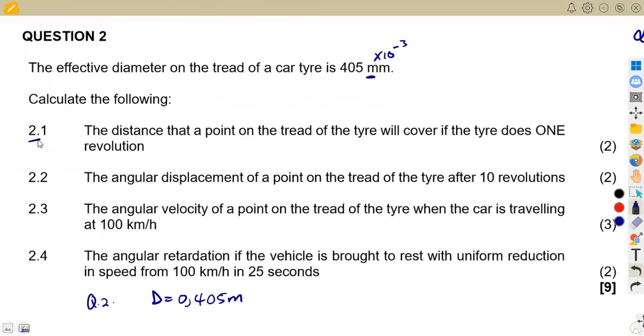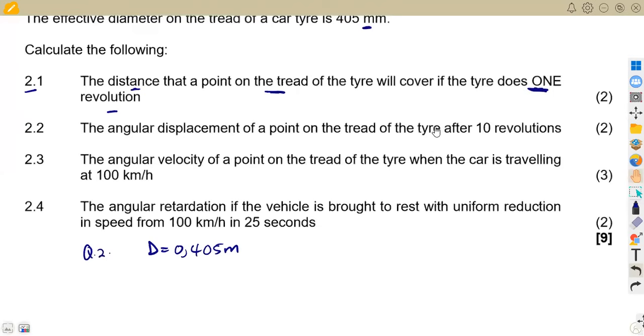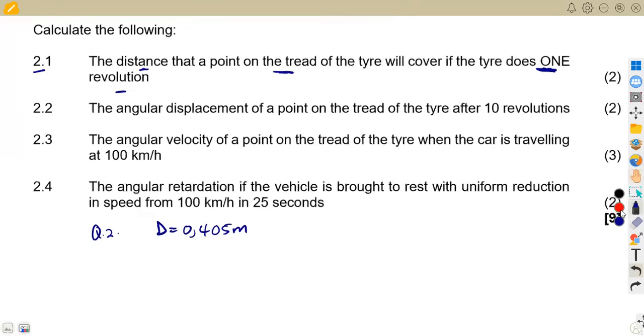So the question is 2.1. Calculate the following: 2.1, the distance that a point on the thread of the tire will cover if it does 1 revolution. That was the part that I was explaining from the beginning: if you are dealing with a movement that is happening in angular terms, a revolution is taken as 2 pi radians.